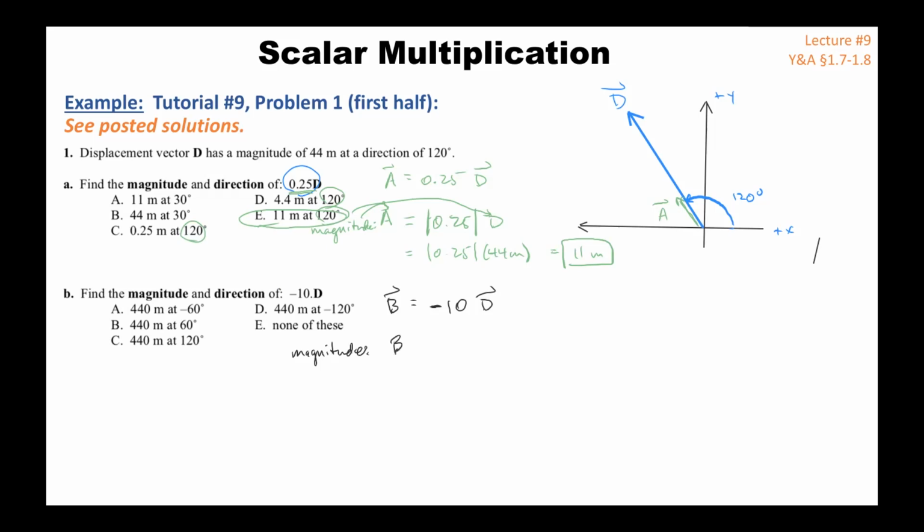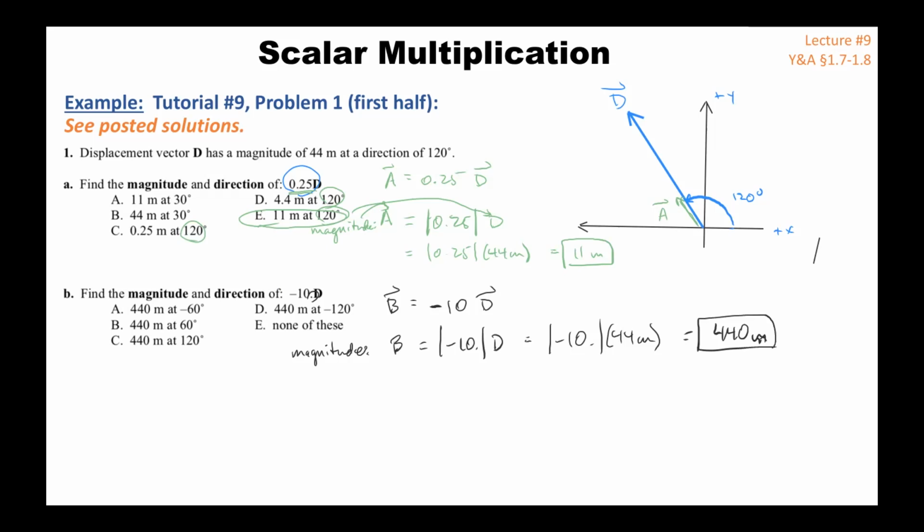The magnitude of vector B is going to be equal to the absolute value of negative 10, and the only reason I have that decimal point on there is to tell us, let's keep 2 sig figs on all these values, times the magnitude of D. So that's equal to the absolute value of negative 10 times 44 meters, and that's equal to 440 meters. So that's the magnitude of vector B.